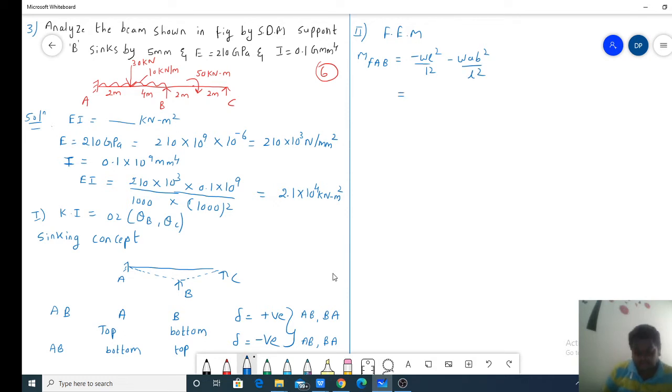So this comes out to be minus UDL 10, span 6 square upon 12, then minus W is 30, a is 2, b is 4 upon L square. L is I think 6, so this is 6 square.